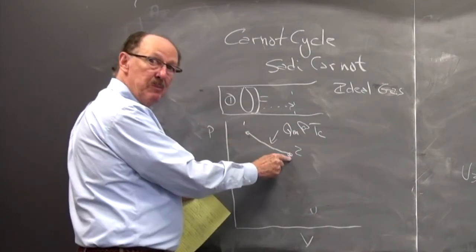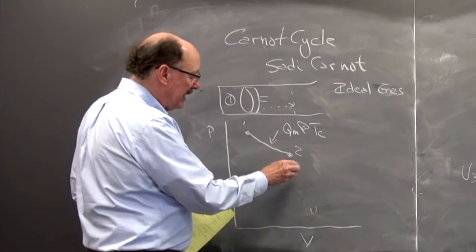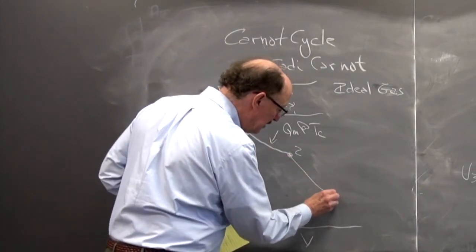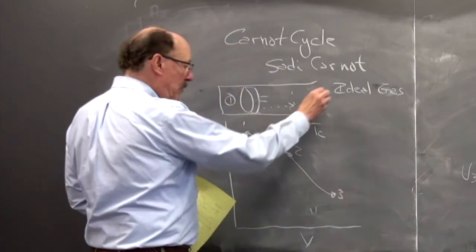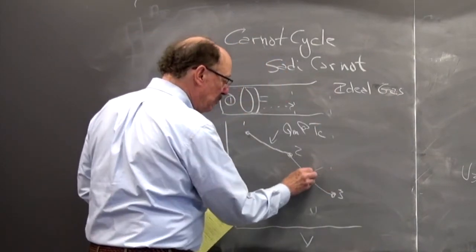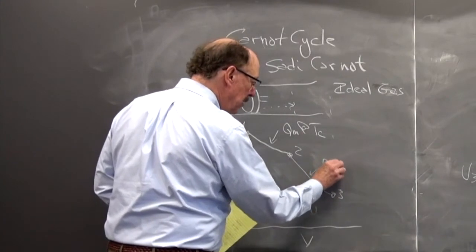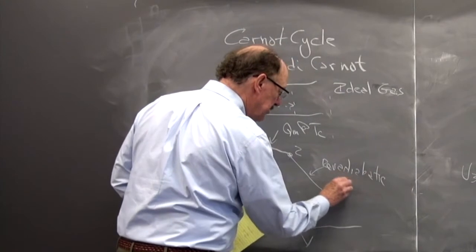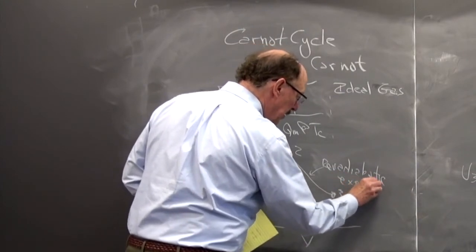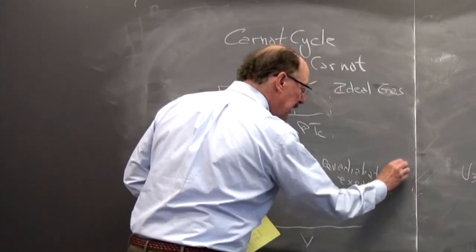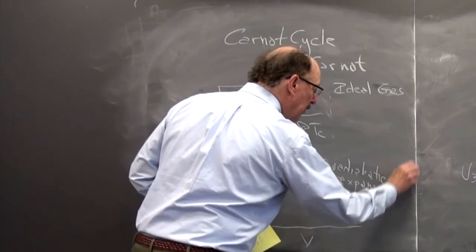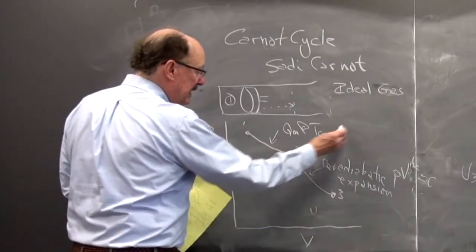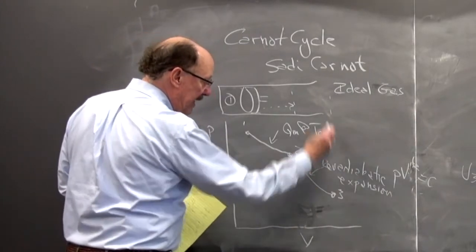Now this is a lower pressure, but I still have pressure, and I can have a reversible adiabatic expansion down here, PV to the k, to the end of the stroke.